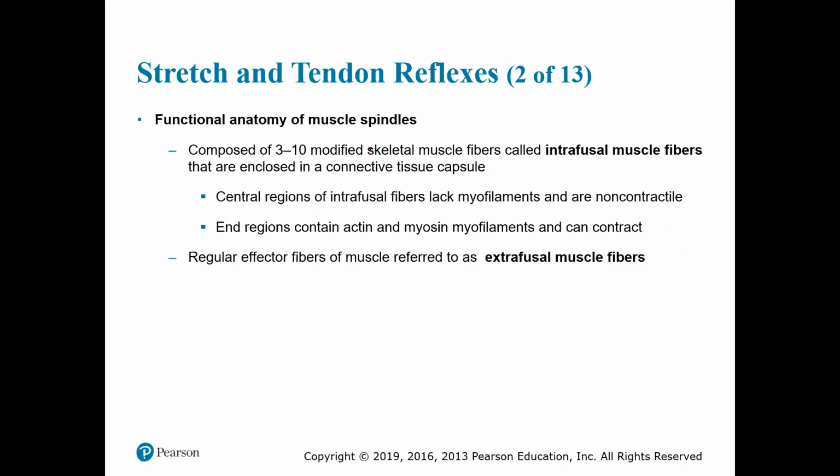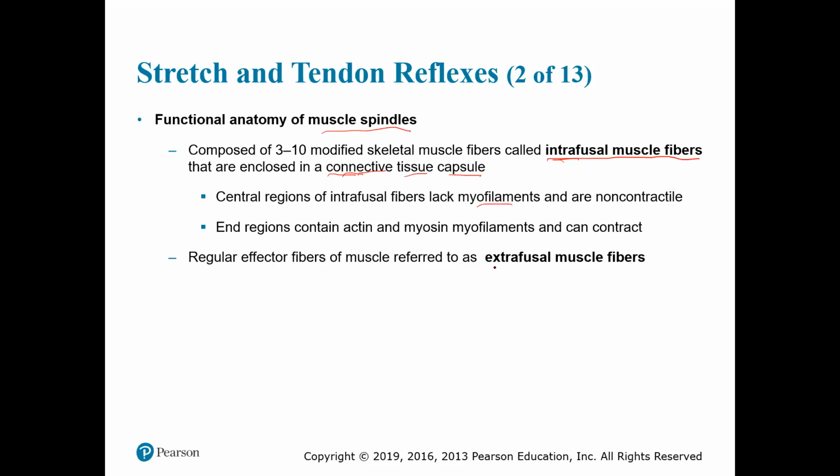So these are the muscle spindles. These are pretty specialized receptors that are in the muscle bellies themselves. They have skeletal muscle fibers called intrafusal muscle fibers, and again, we need a picture of this, and they're encapsulated, like I said at the beginning. And then the central regions lack the myofilaments, and you'll see that.